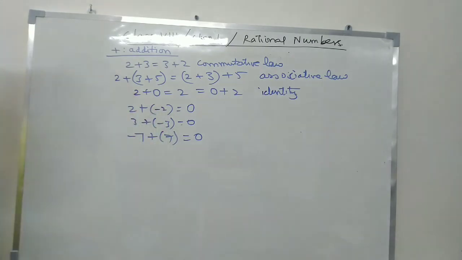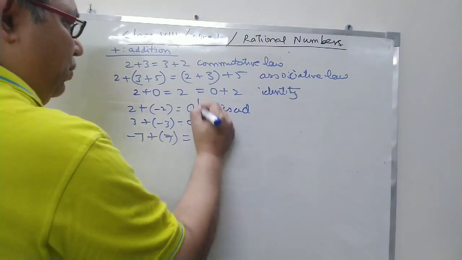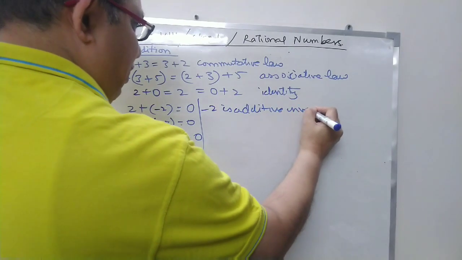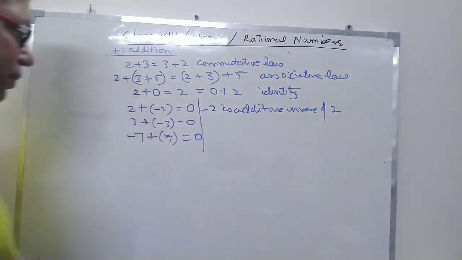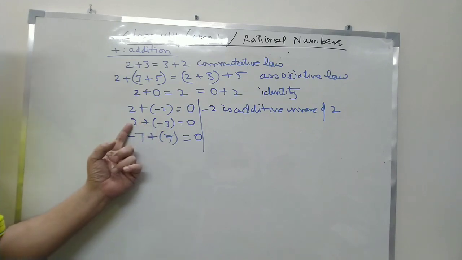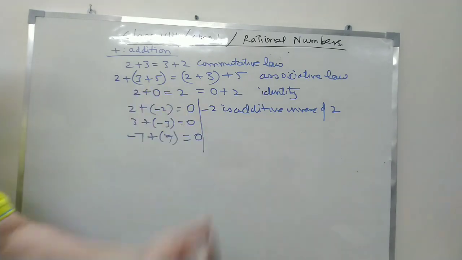What do you call them? Minus 2 is additive inverse of 2. In the same way, minus 3 is additive inverse of 3. 7 is additive inverse of minus 7, and so on. So every integer has got additive inverse.